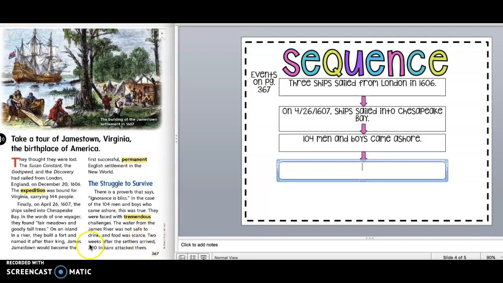So there you go right there. Here is another thing that has happened in time. 2 weeks later, the settlers were attacked. So we'll go ahead and put that in there also. 2 weeks later, the settlers were attacked.